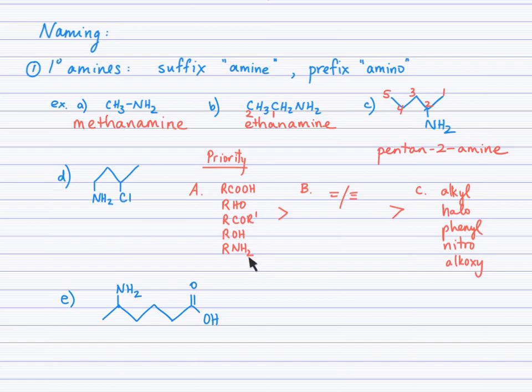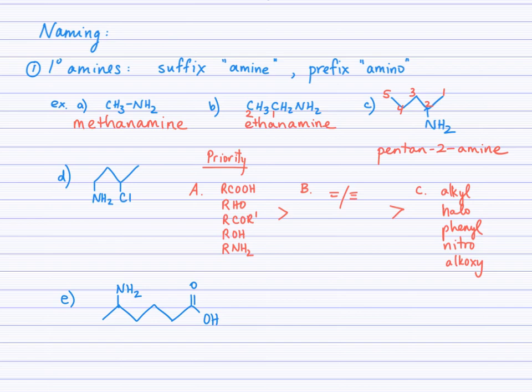So you'll see that the amines fall in group A, but they are below any of those oxygen-containing families. Double and triple bonds are still lower priority than anything in group A. They are in group B. And finishing out the lowest priority, and again these are all equal priority, just lower than anything in group A or B, we have alkyl, halo, phenyl, nitro, and alkoxy, the side groups associated with ethers.